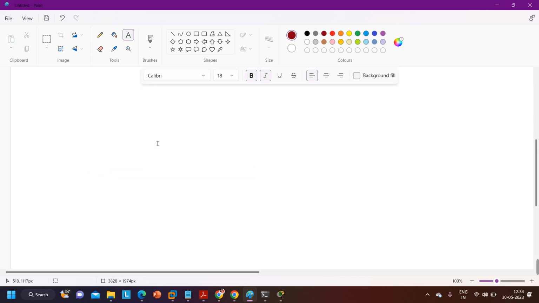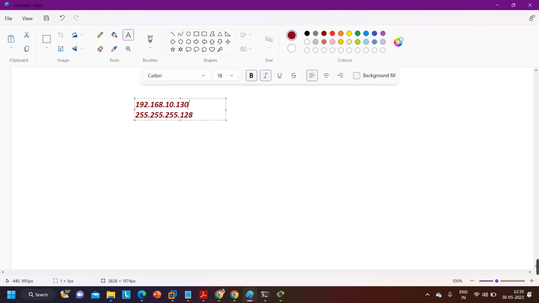Now you tell me, if I have one IP address 192.168.10.0 and the subnet mask is 255.255.255.128, here the IP address is not this one, let's say 130. Can you tell me what will be the network ID? Can anyone tell me what will be the network ID?